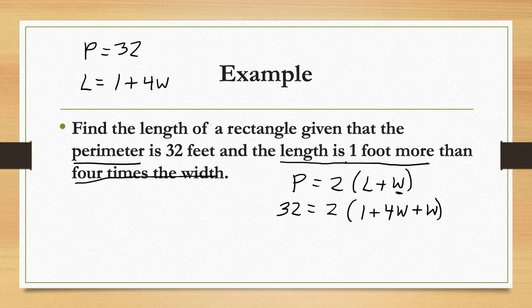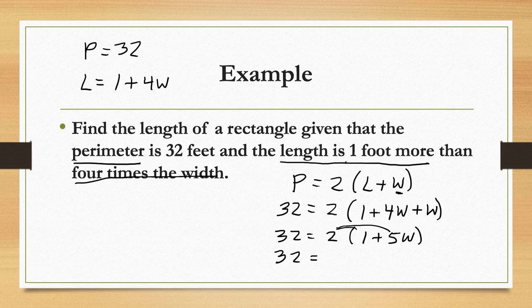So now let's look at simplifying. So we have 32 is equal to 2 times, and we have a 4W and a 1W, so that's going to make 5W. The next thing we're going to do is distribute the 2 through the parenthesis.